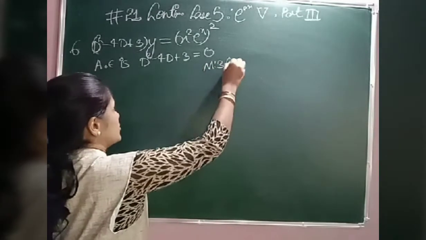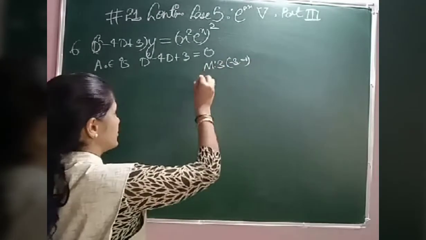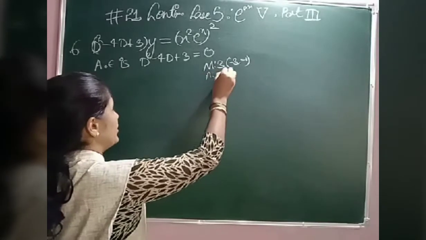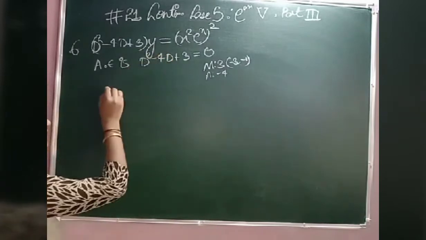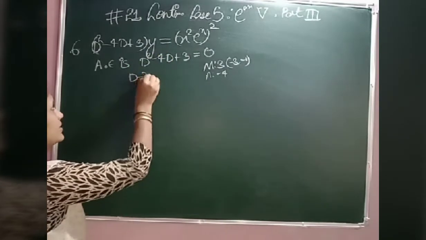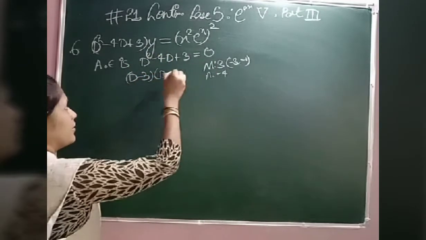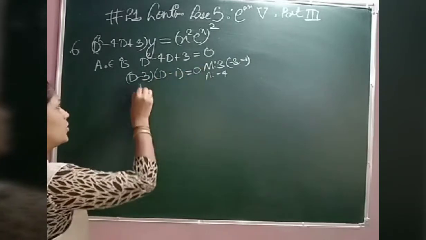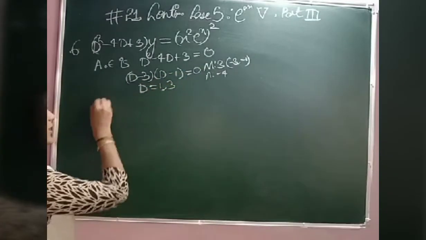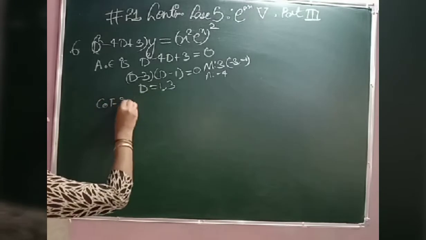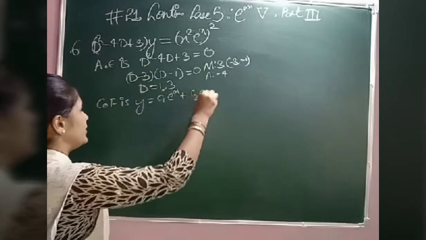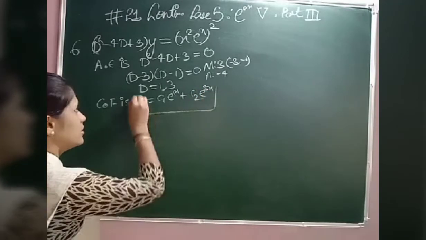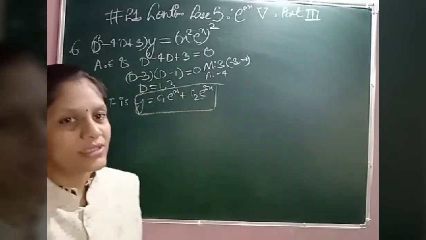Minus 3 into minus 1 is 3, and minus 3 minus 1 is minus 4. So straight away I can write (D minus 3)(D minus 1) equal to 0, D equal to 1, 3. The complementary function is y equal to c1 e raised to x plus c2 e raised to 3x. So this is nothing but our CF.